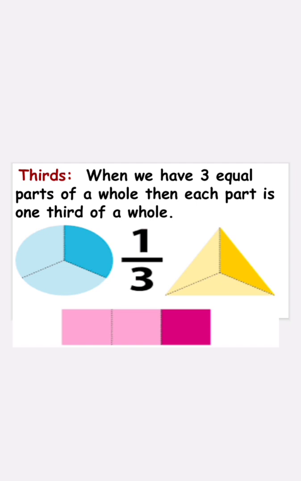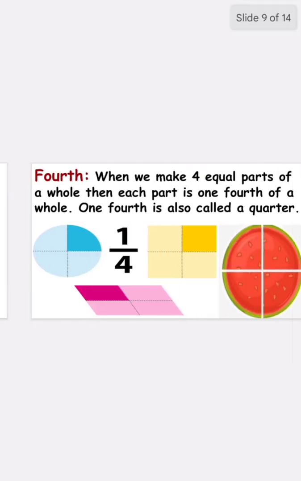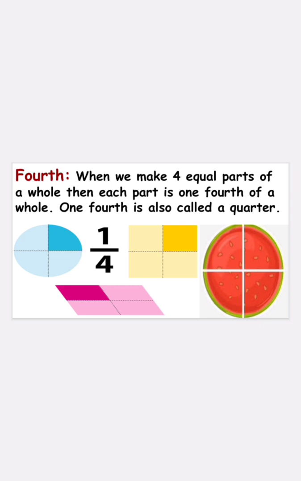Yes, you can see in blue, the circle is colored. One part is colored with dark color. That is 1/3. What is 1/3? 1 out of 3 parts. In the same way for triangle and rectangle. When we have 3 equal parts and we are talking about a single part, that is called 1/3. 1/3 of a whole.